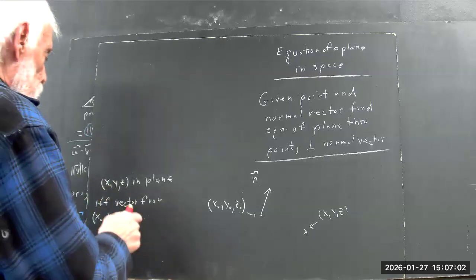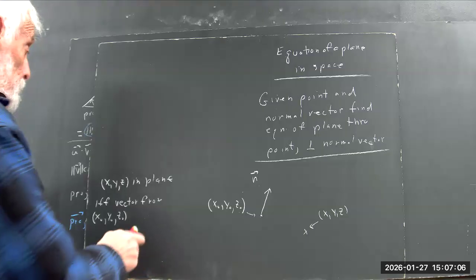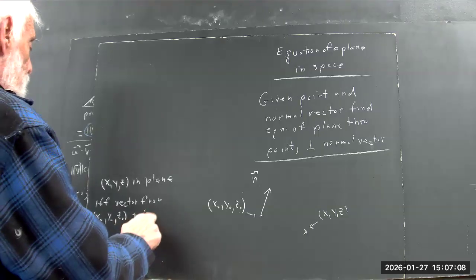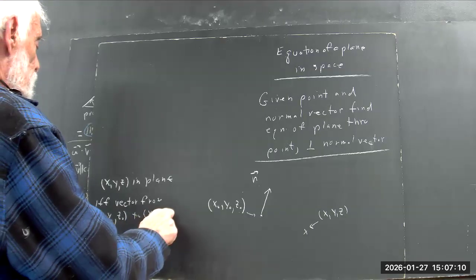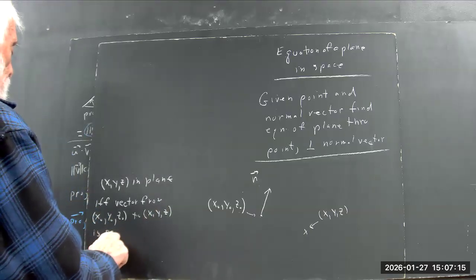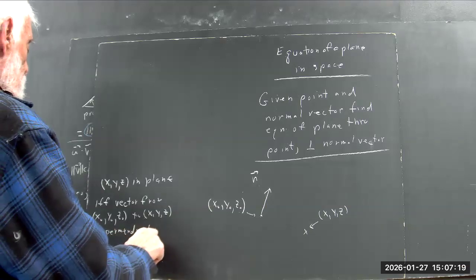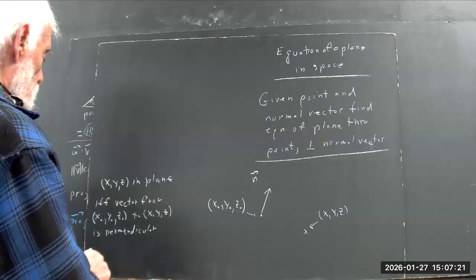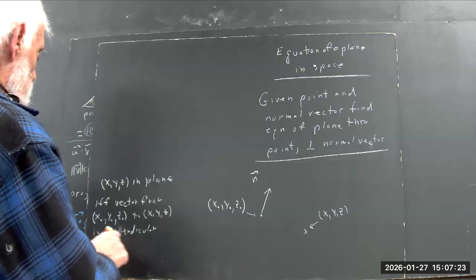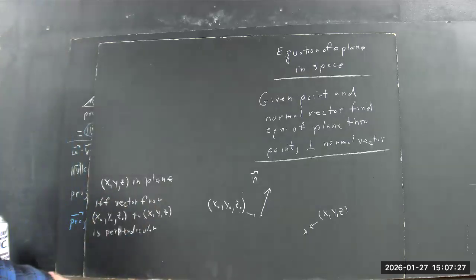x, y, z is in the plane if and only if the vector from x naught, y naught, z naught to x, y, z is perpendicular to N, which is an N. N is close to P in the alphabet.